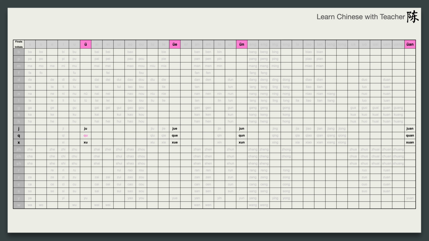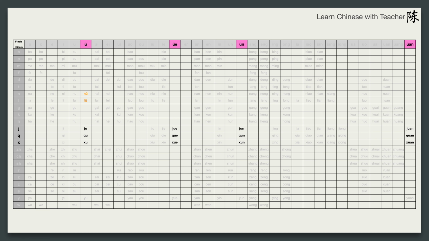居、区、须、撅、缺、削、均、均、勋、捐、圈、宣. However, if u follows the letters n and l, then the two dots should not be removed.